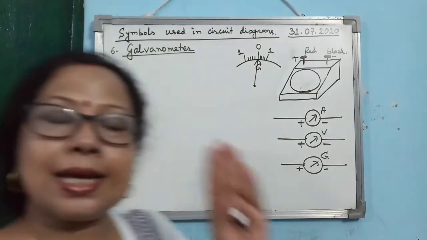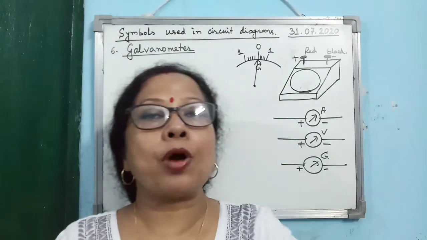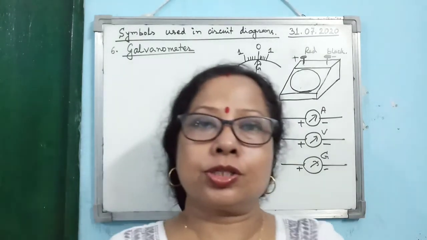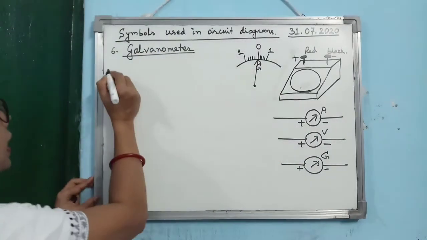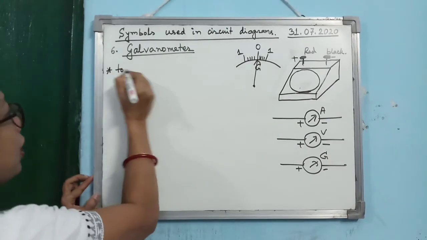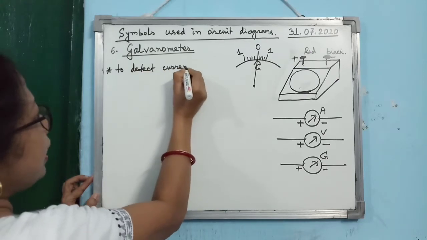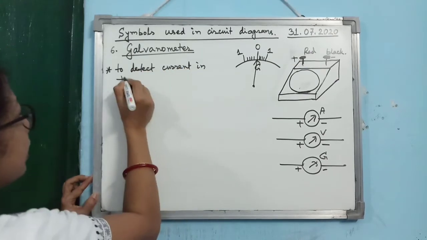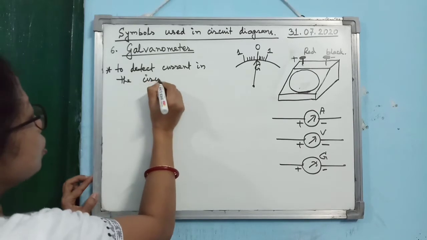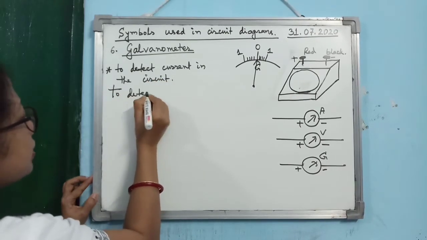So in the case of a galvanometer, the pointer may move to the right also, and it may move to the left also. Now what is the use of the galvanometer? It is used to detect current in the circuit, and also to detect the direction of current in the circuit.